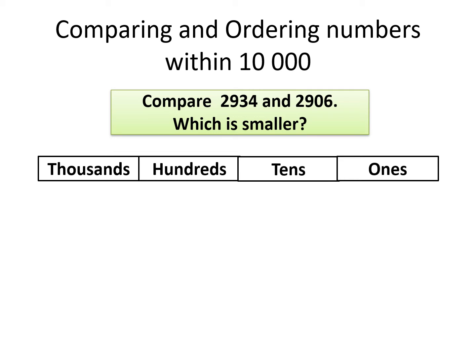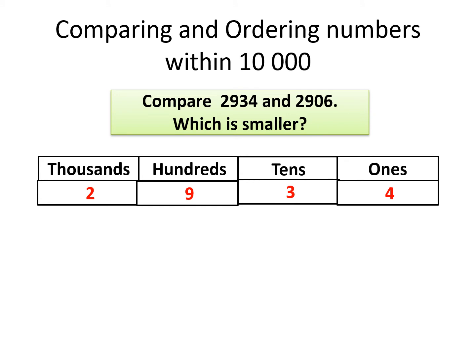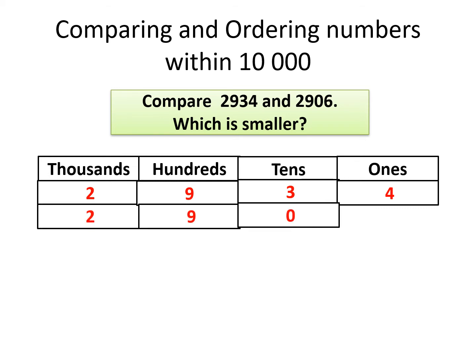So what you do first is you arrange the place value for all thousands, hundreds, tens, and ones. And then you put the numbers first, like 2934. You arrange it accordingly. And then the next number, 2906.